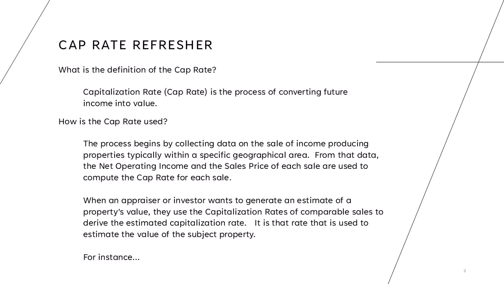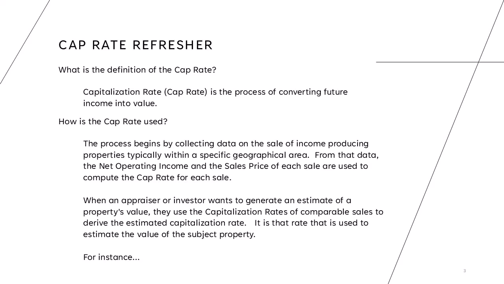Let's review the definition of cap rate, or capitalization rate. Capitalization is the process of converting future income into value. The method of gathering data to determine the cap rate is more complex. The process begins by collecting data on the sale of all income-producing properties, generally within a specific geographical location.